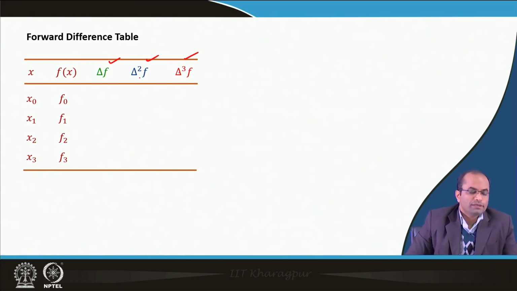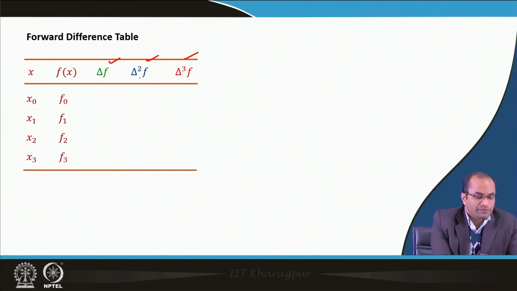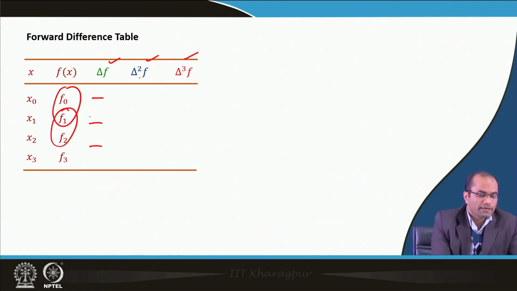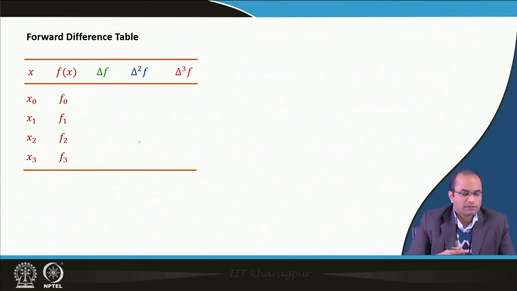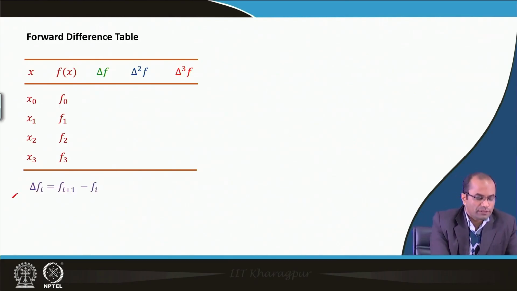What we do usually, and we can verify with the formulas we have derived, is that the first order differences just come from subtracting: f_1 minus f_0, then f_2 minus f_1, and at the third place f_3 minus f_2. So with simple differences we get the first order difference operator, which is nothing but going in the forward direction and subtracting the same.